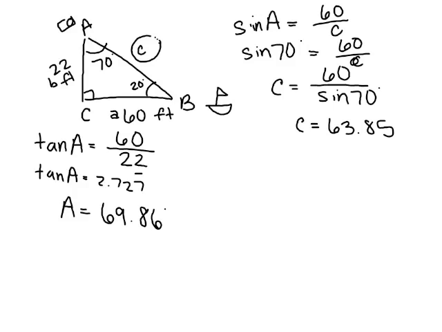Okay, let's go cosine of angle B. The cosine equals adjacent over hypotenuse.